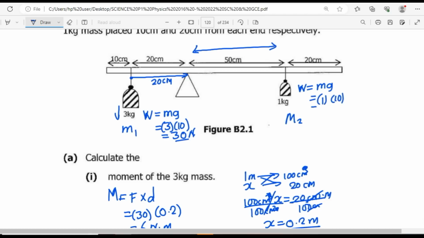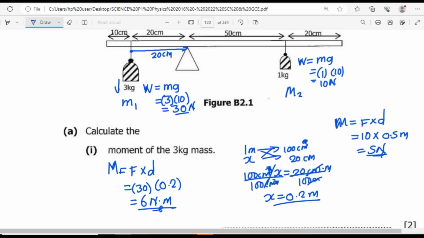The weight gives us 10 newtons. Now let's find the moment. Moment is equal to force times distance. The force is 10 times the distance 0.5 meters, so if we multiply, we get 5 Newton meters. So we can see that moment 1 is 6, moment 2 is 5.